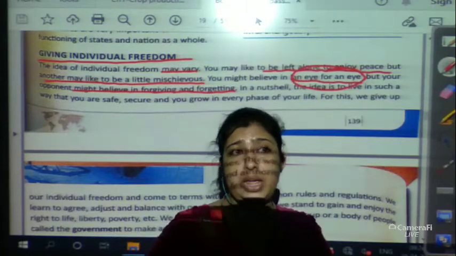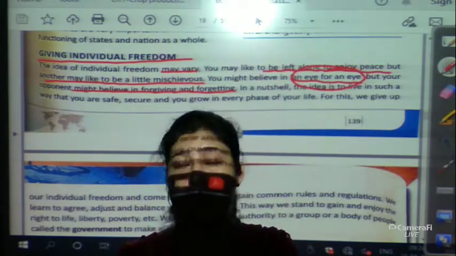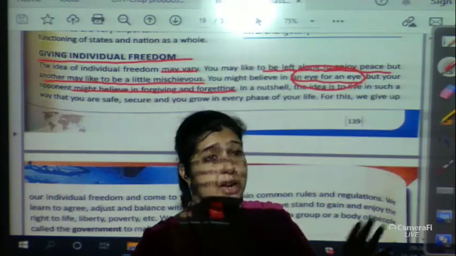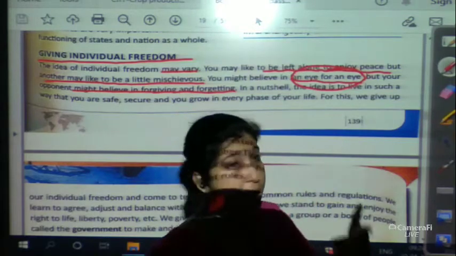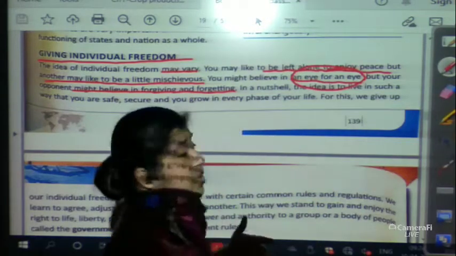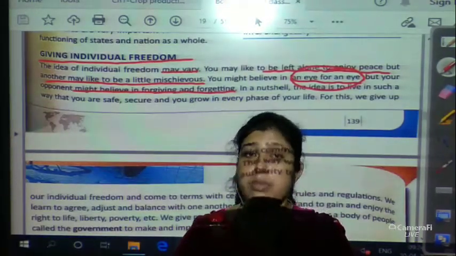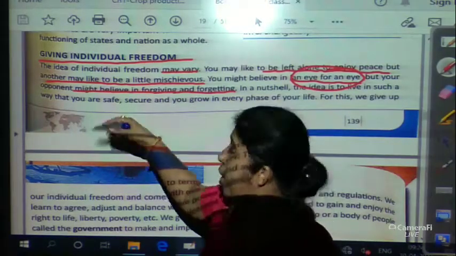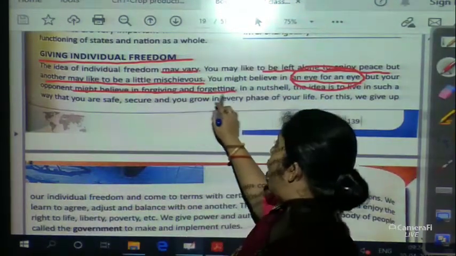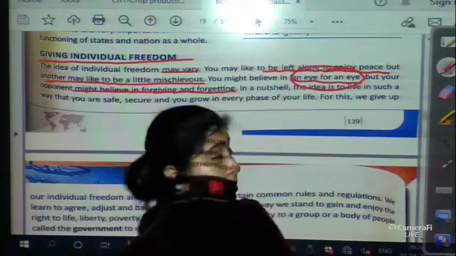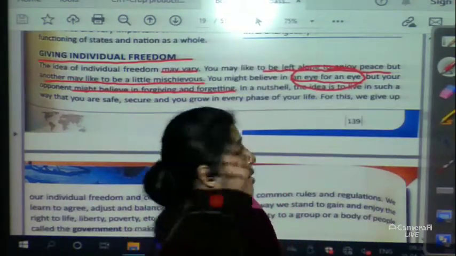So somebody wants revenge, or suppose one argument or dispute has happened, and after that the opponent party takes revenge. For that reason, an eye for an eye. And someone else, no problem, maybe he forgets about that thing, or maybe he forgives that person. So actually this is the nature of man.